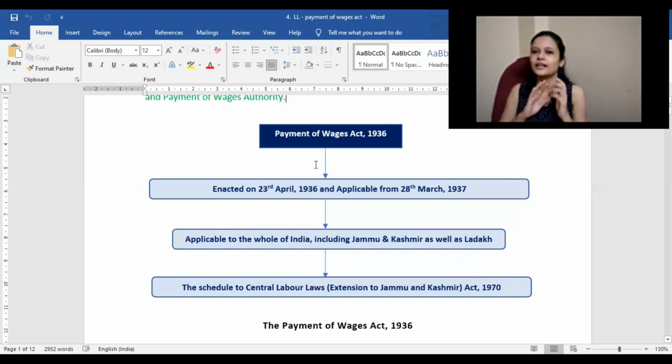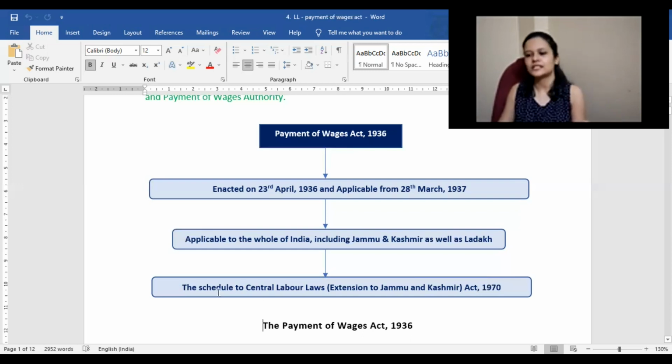But labor laws were made applicable in Jammu and Kashmir, most of them, under a different legislation: the Central Labor Laws Extension to Jammu and Kashmir Act 1970. Just like the Reorganization Act, this one also has a schedule where the list of legislations is given which were made applicable to Jammu and Kashmir in 1970, when it was a state.